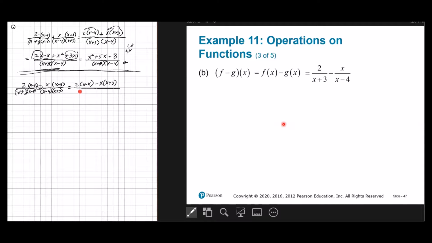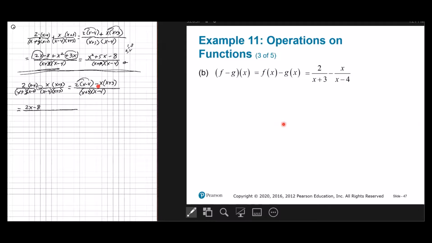But it's not, so I'm not worried about that. So I have x plus 3 times x minus 4 in the denominator. So I'm going to multiply in by the 2, so that's going to happen the same way. So I get 2x minus 8. I did it correctly this time.